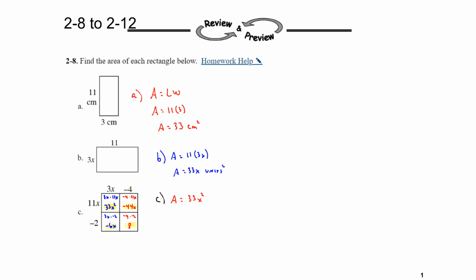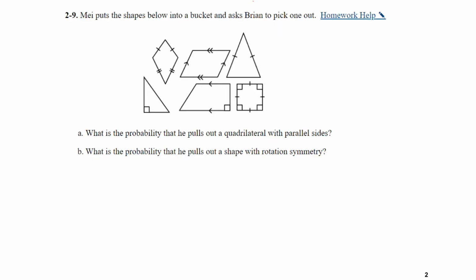You have negative 44x and negative 6x, so that's negative 50x, and then the plus 8 is the constant. So 33x squared minus 50x plus 8, and then once again we don't know the units, so we will do units squared.